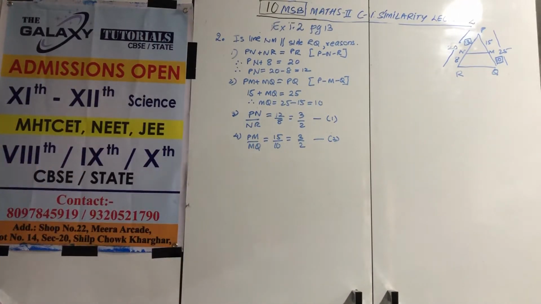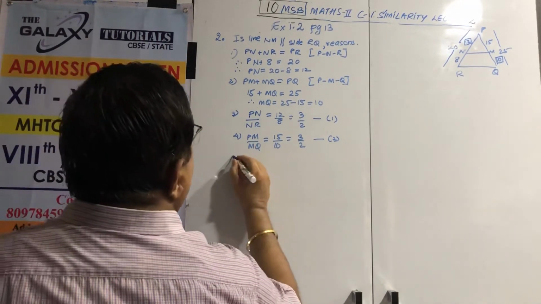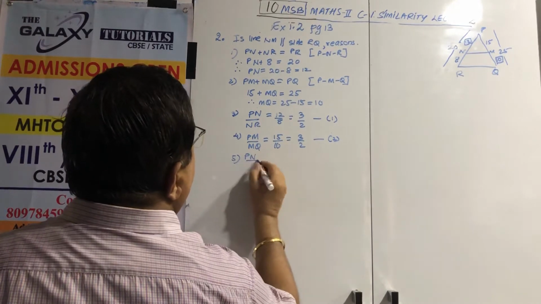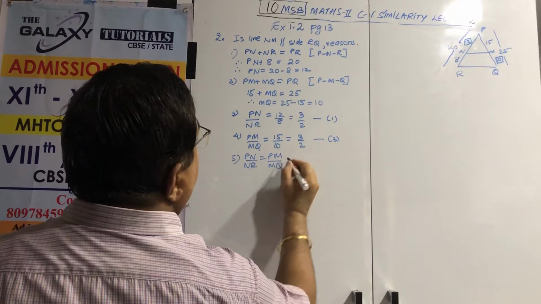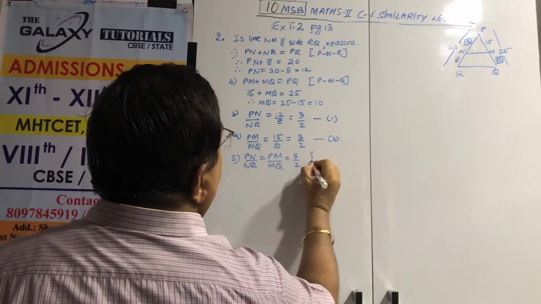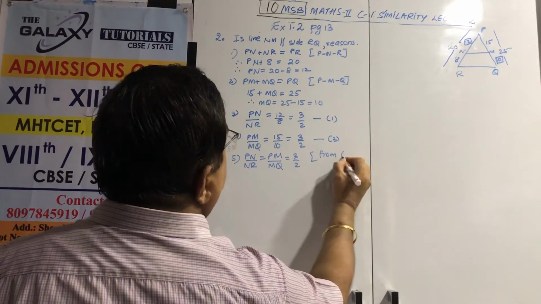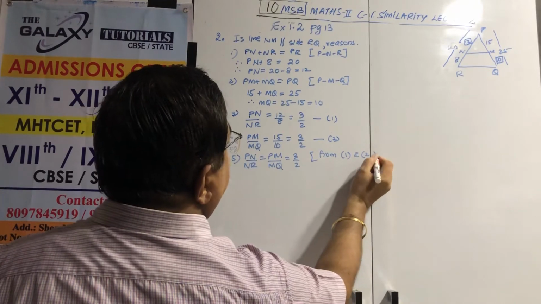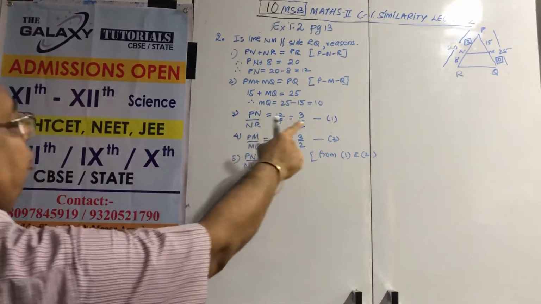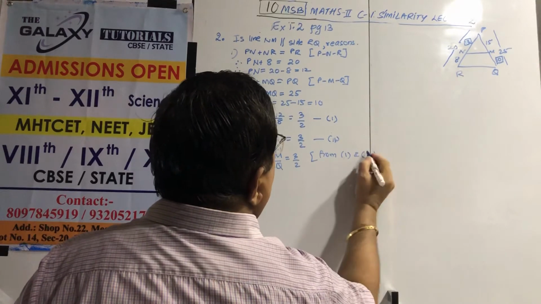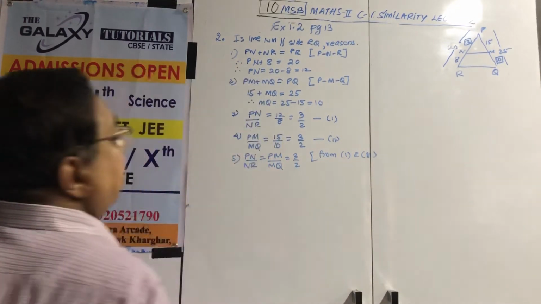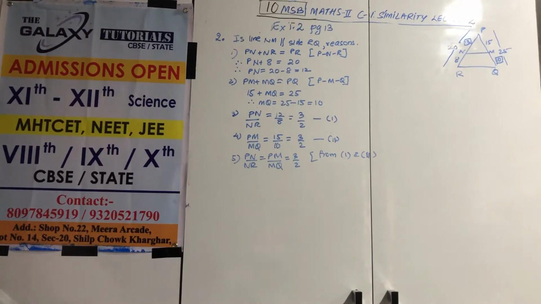Now I can see PN upon NR is equal to PM upon MQ is equal to 3 by 2, from 1 and 2. Because numbers might look the same, you can go for Roman numerals so that you are not confused. So that is why we will change the way we write the numbers.